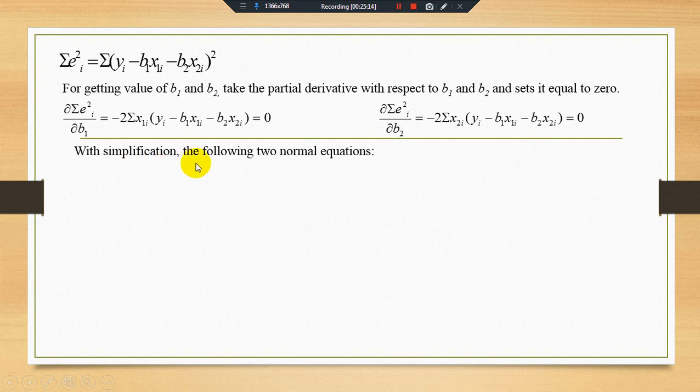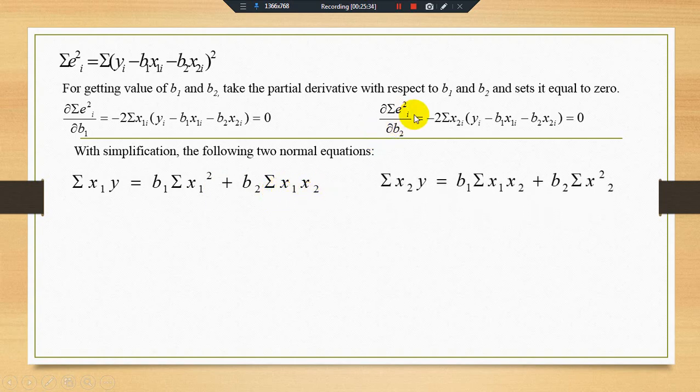With the simplification, we get the following two normal equations. Now we can convert this partial derivative into the normal equation, and we get summation x1y is equal to b1 summation x1 square plus b2 summation x1 x2, and the same will be done with the other equation: summation x2y is equal to b1 summation x1 x2 plus b2 summation x2 square.